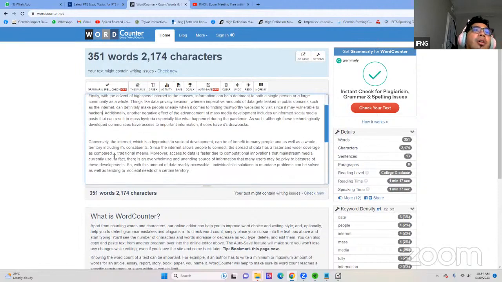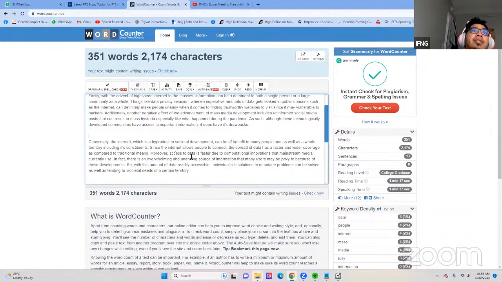Conversely, the internet, which is a byproduct of societal development, can be of benefit to many people as well as a whole territory, including its constituents. Since the internet allows people to connect, the spread of data has faster and wider coverage as compared to traditional means.